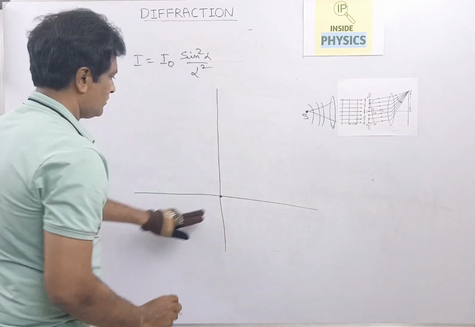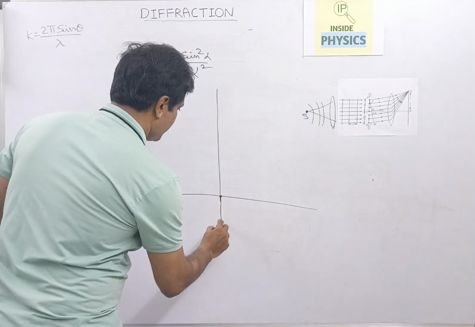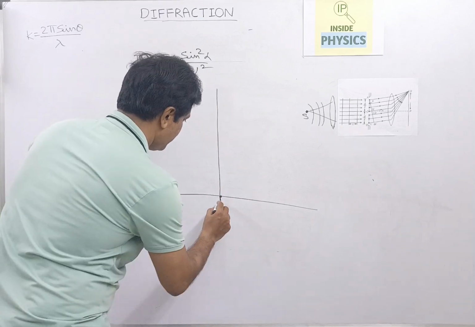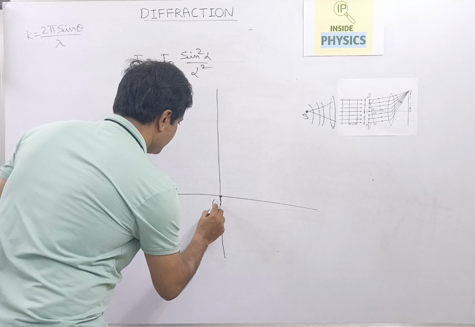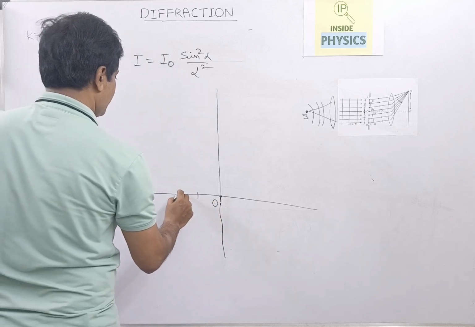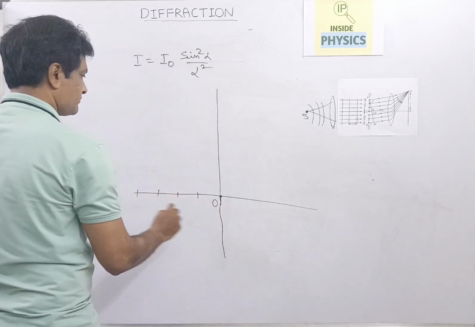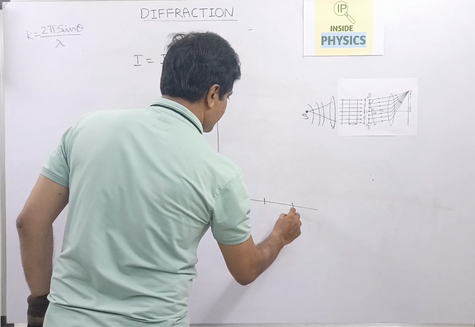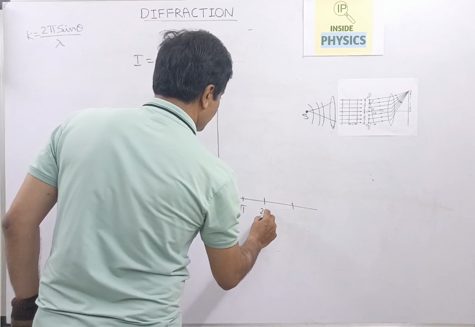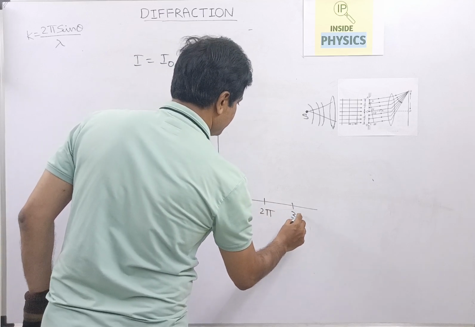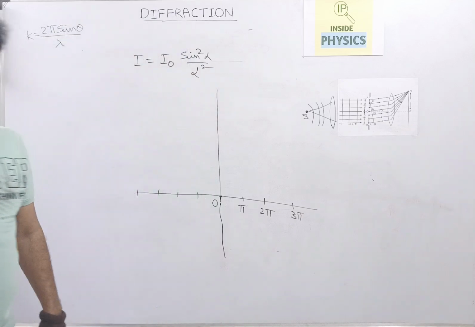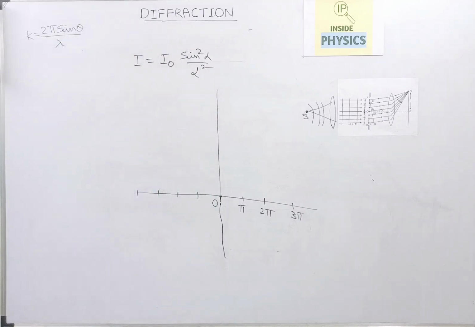Okay, there is an origin here, and we can have these values as pi, 2 pi, 3 pi, like that. On the one side it is pi, 2 pi, 3 pi, the positive side. On the left side you may have the values as negative.